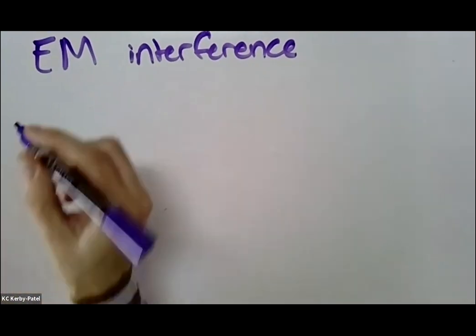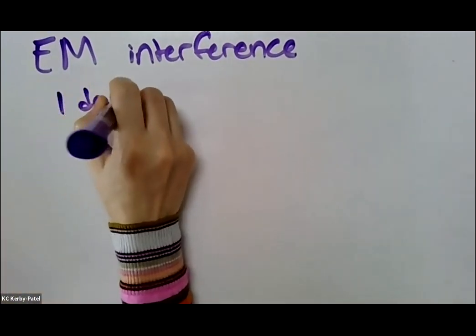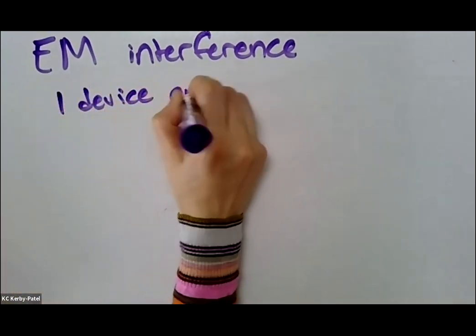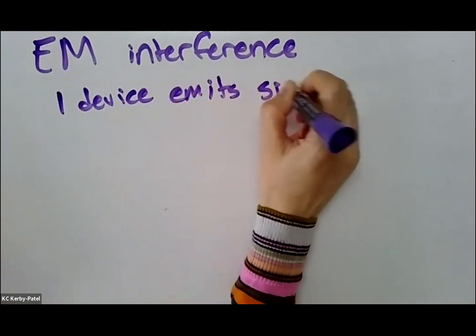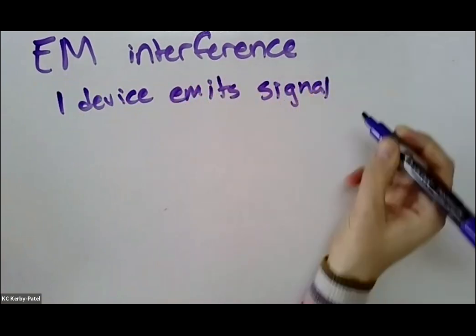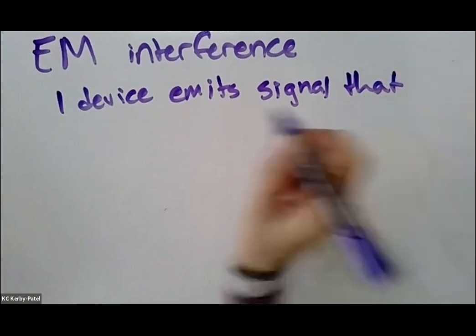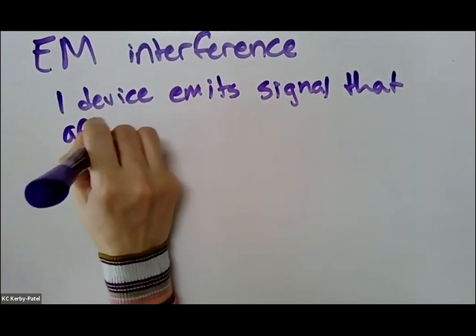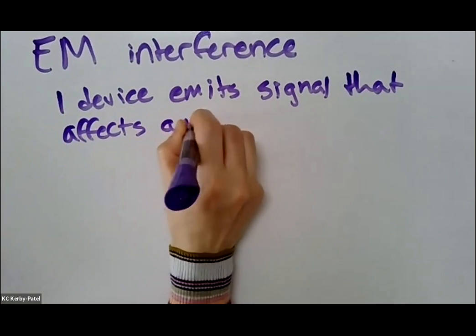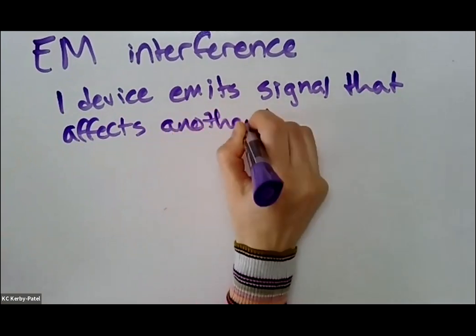And that is when one device emits a signal that affects another device.